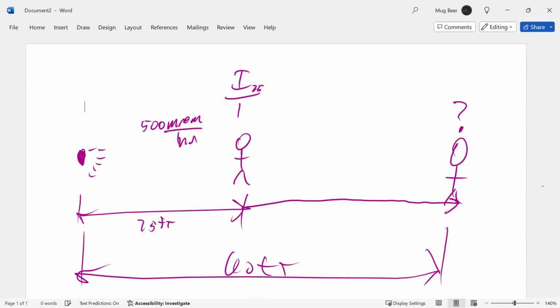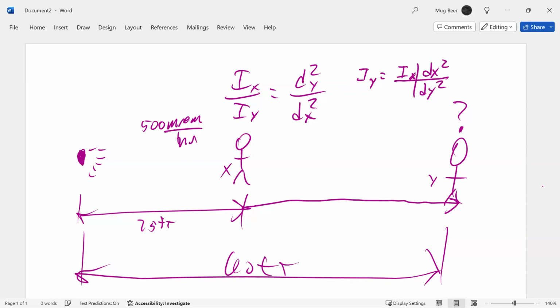Oh, let's make it easier on ourselves. So we'll solve for one of these, and so we'll say, I don't know, this is X and this is Y. So intensity Y is going to be equal to intensity X times distance X squared over distance Y squared.